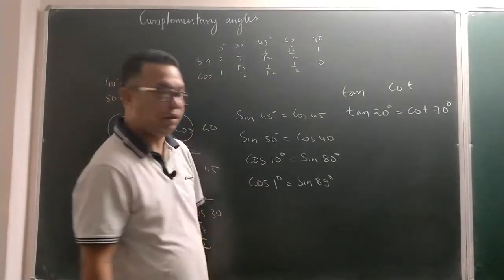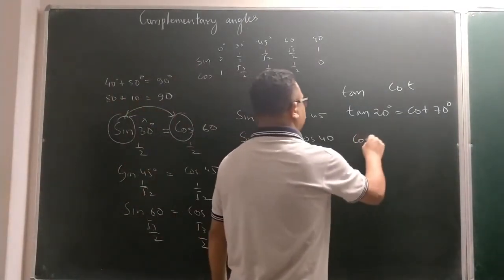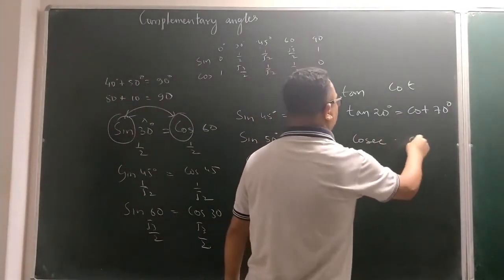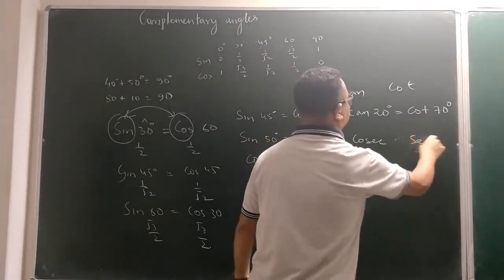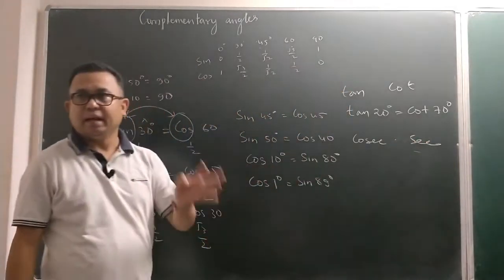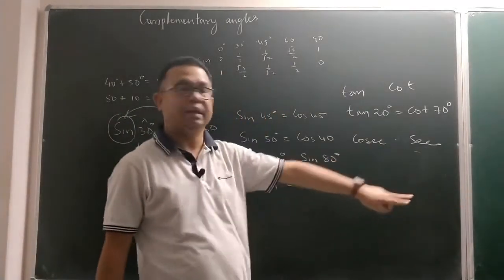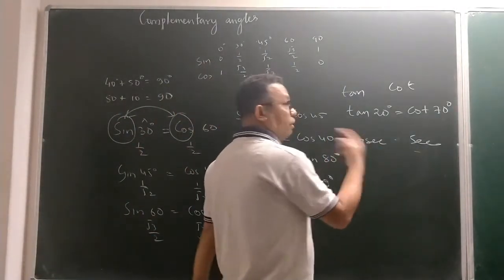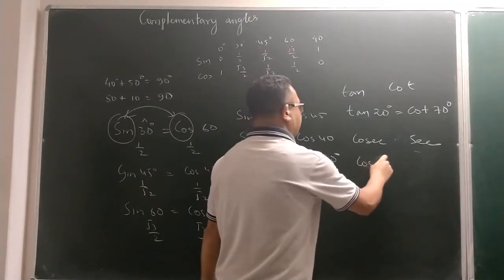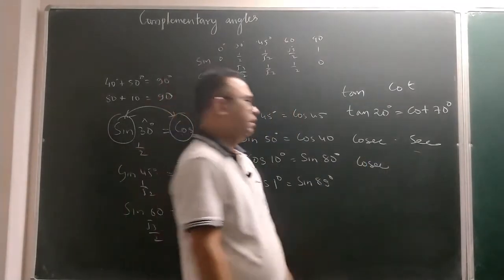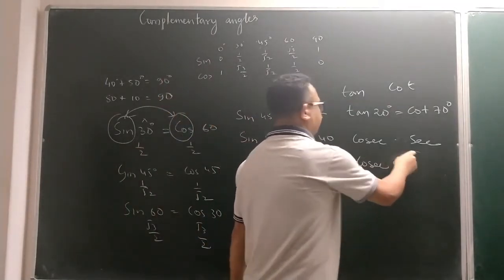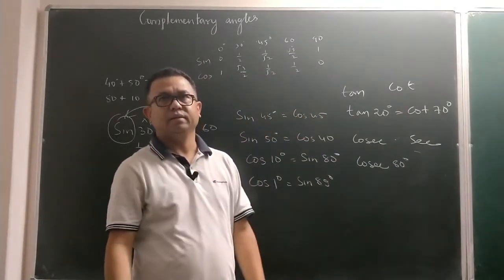Now one more pair, and that pair is cosec with sec. So cosec and sec are also complementary. If you know any value of cosec, you know it is complementary with sec. Let's take one example. If I tell you cosec 80 degree, I am randomly taking one angle, 80.